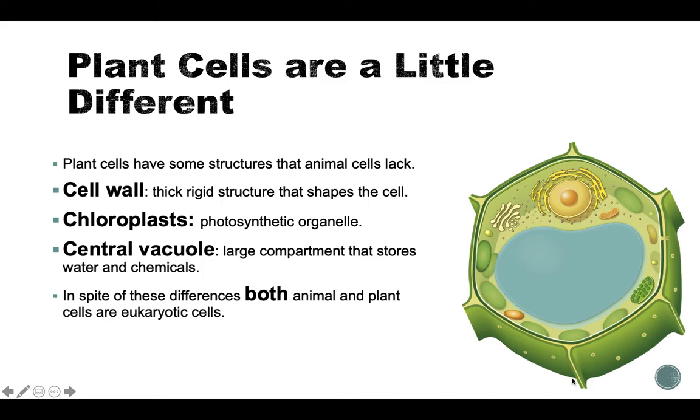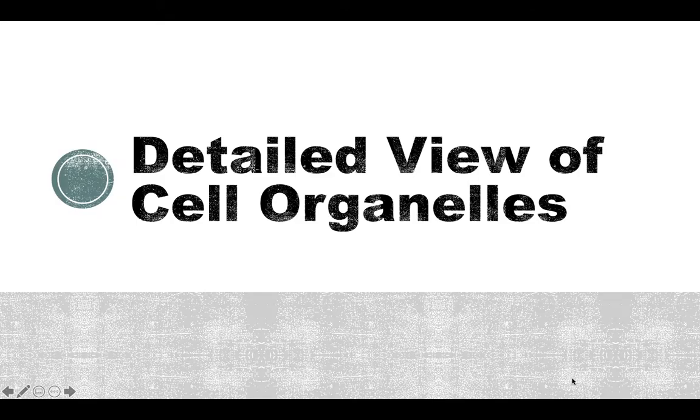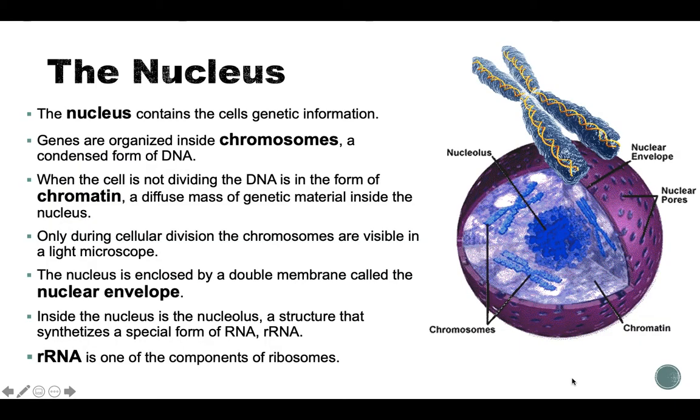But our main focus, of course, is going to be eukaryotic cells, specifically animal cells, like the cells in our body. So I think it's time now to start talking in detail about each of these organelles of the cell, learn how to recognize them from a diagram, and, of course, their main functionality.